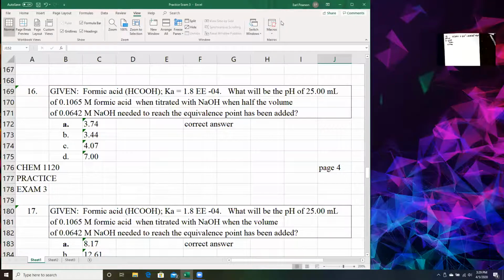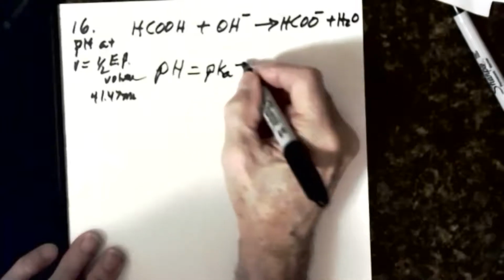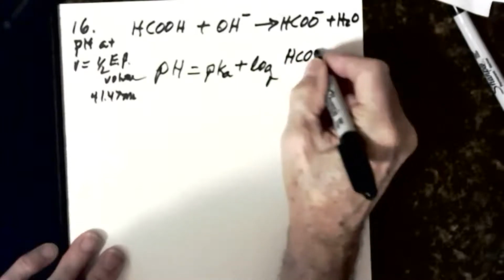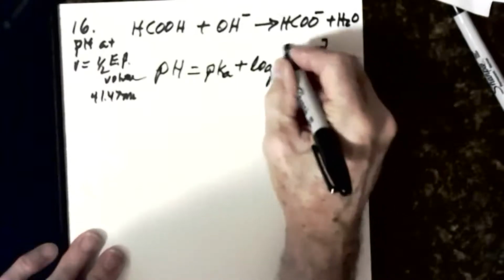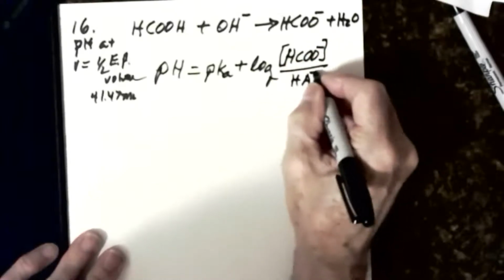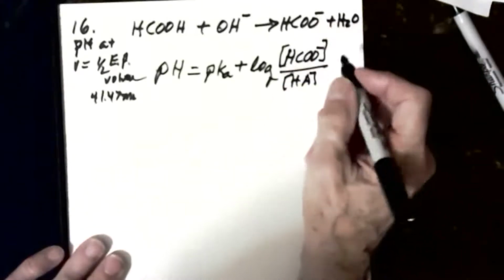Let me get this so you can see a bigger view of my pad. So we're going to use Henderson-Hasselbalch. pH is equal to pKa plus the log of the HCOO minus concentration divided by the HA concentration. I just showed you a moment ago this is moles as well.